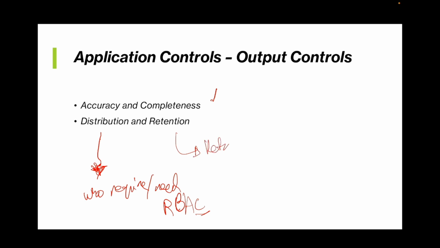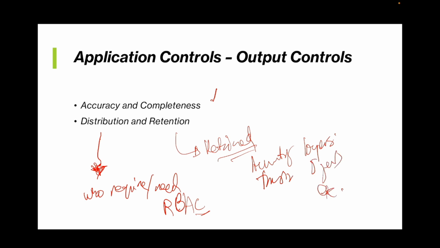And then the output is retained. For example, accounting records or reports has to be maintained for 10 years. Transactions has to be maintained for 5 years, etc.